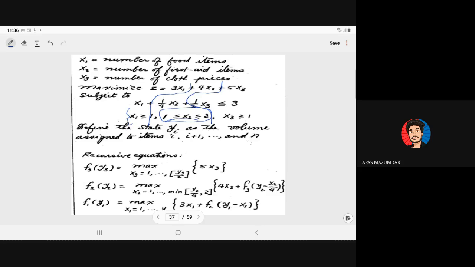So it will become 5x3. What are the alternatives corresponding to x3? Minimum x3 required is 1. Maximum how much can you allocate? Because the unit weight is half.